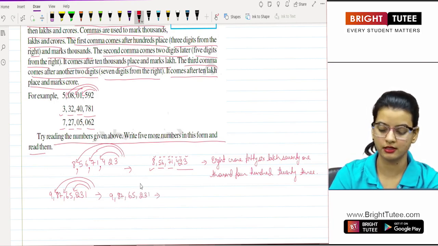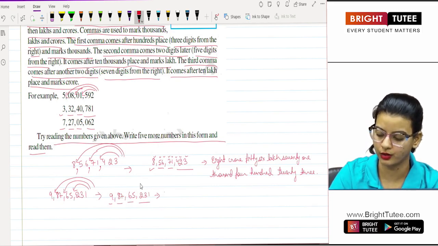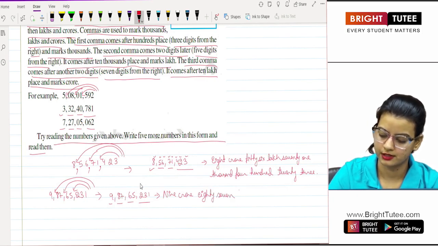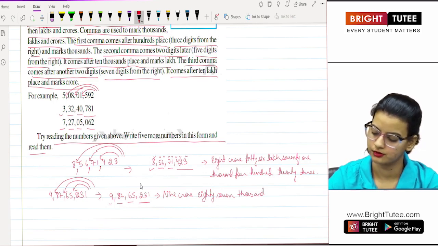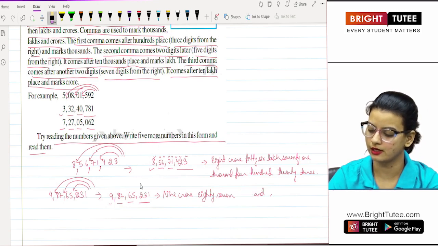How are we going to read this? This is 9 crore 87 lakh 65,231. So how are we going to write this? 9 crore, 87,000, sorry, not 87,000, 87 lakh.